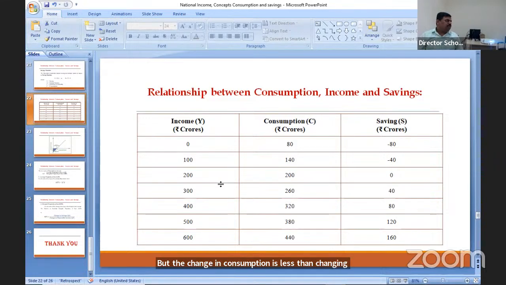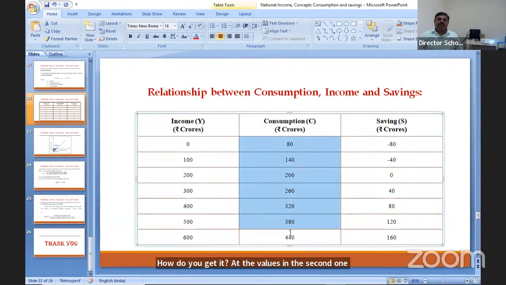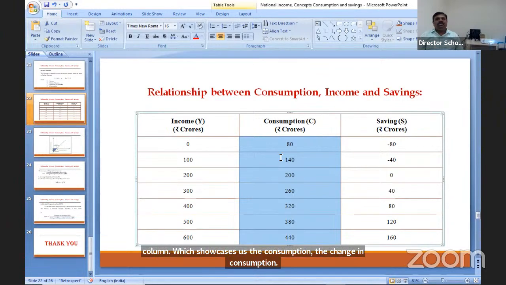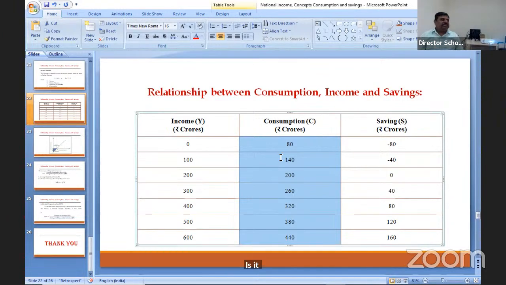Do you get it? If we look at the values in the second column, which shows us the change in consumption, then we get that the change in consumption at every stage is less than the change in income.